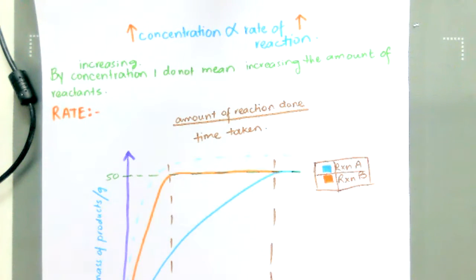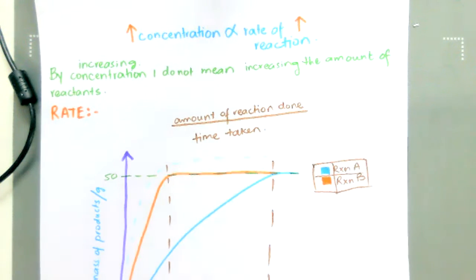So your sequence should be: more moles squeezed up in a small space, increased frequency of collisions, more fruitful collisions, more product formed in a shorter interval of time, and therefore rate of reaction increased. Okay, these 4 points. Move on. So, concentration affects the rate of reaction.